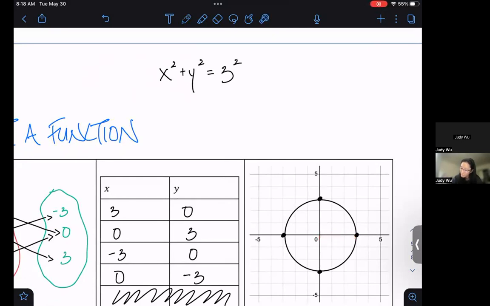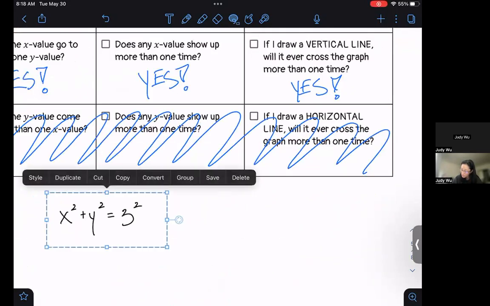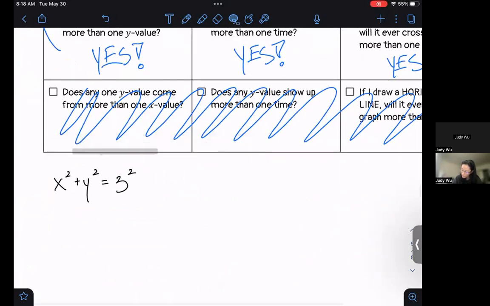Now let's do a little bit of algebra here, because what I want to do is make sure we know how to isolate different letters. So for example, here, I am going to try and get y all by itself. Let me go ahead and copy this and bring this down here, so we give ourselves a little bit more space.